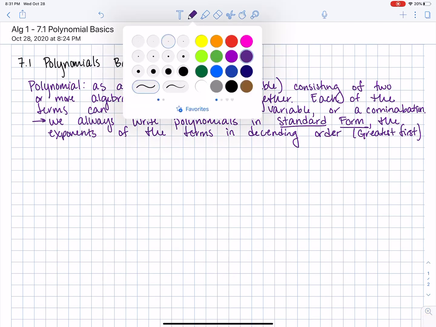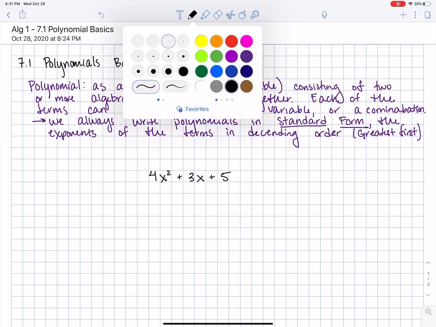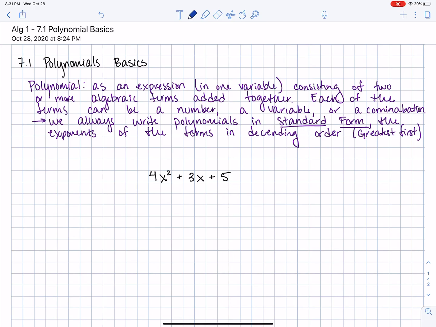So let's go ahead and look at a polynomial and start talking about some of the attributes that make it a polynomial. So I'm going to start with this right here, 4x squared plus 3x plus 5. And let's take a peek at some of these. So this entire thing here, this 4x squared, is what we call our leading term.